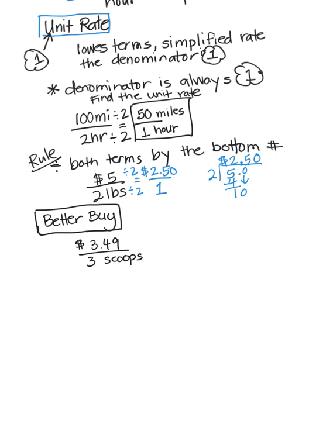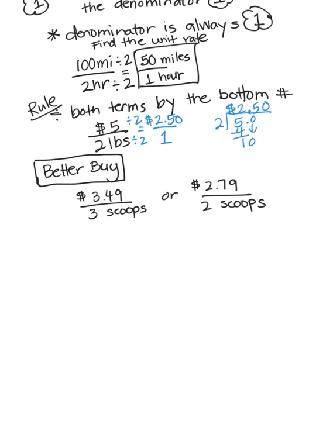Or you could pay $2.79 for 2 scoops of ice cream. I want to know which one is the better buy. Which one is cheaper? Which one is worth your money? Which one do you get more for your money?